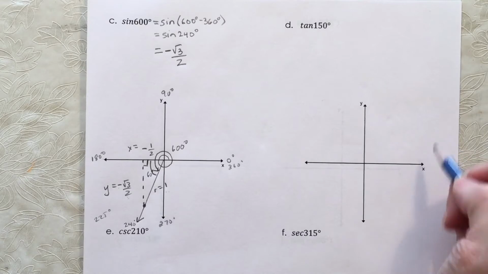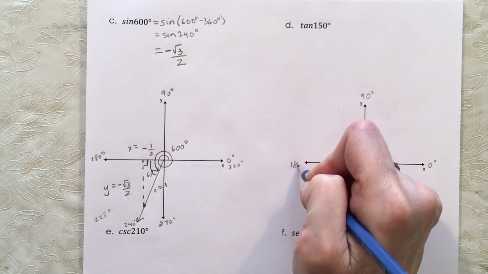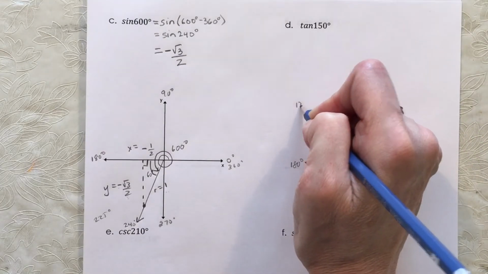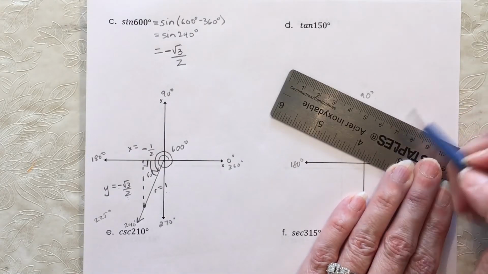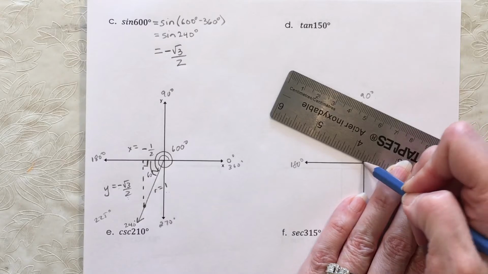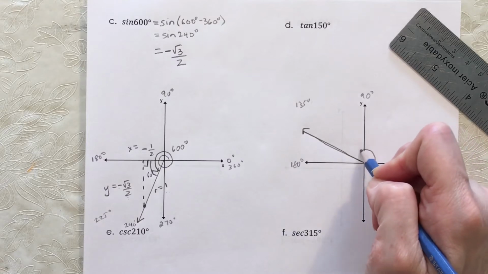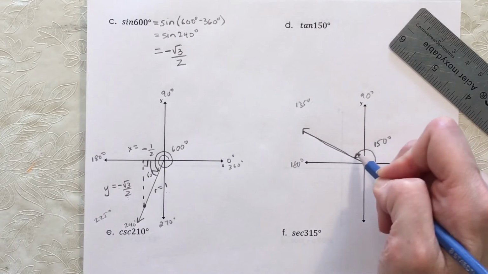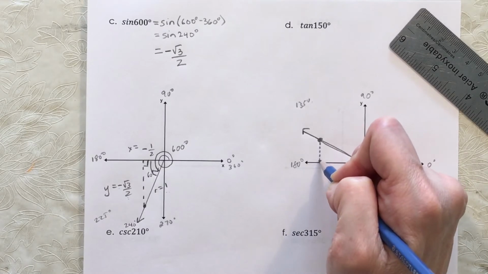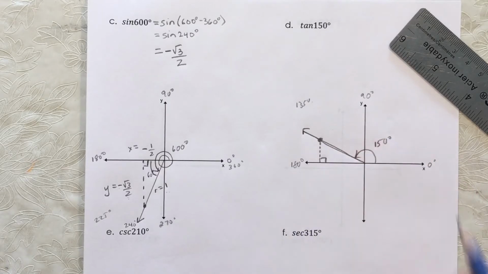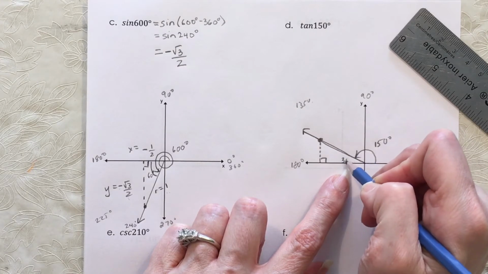All right, tan of 150. So we know 0, 90, 180, the halfway was 135. So 150 is going to be closer to the x-axis. So there's my angle 150. Make my right triangle with the x-axis as usual. And then the angle in here between 150 and 180 is 30 degrees.